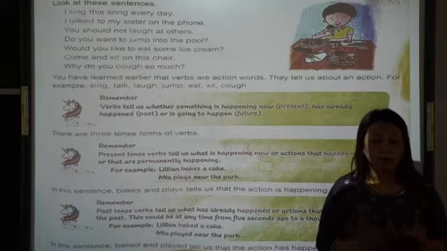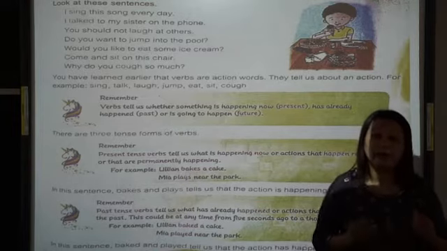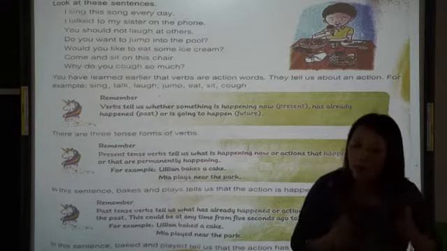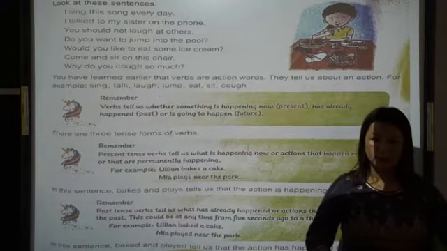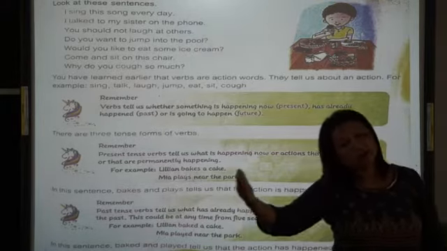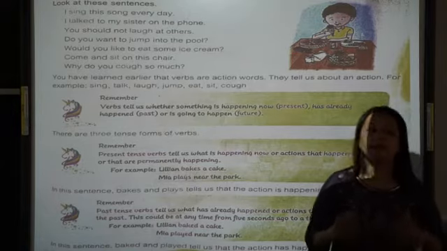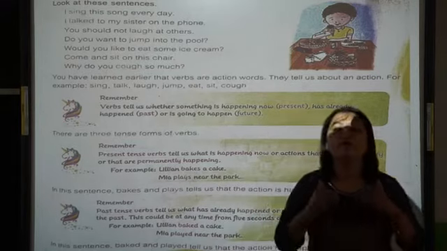Verb also tells us whether something is happening now, that is present, has already happened, that is past, and is going to happen, that is future.